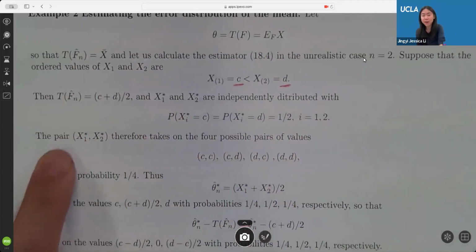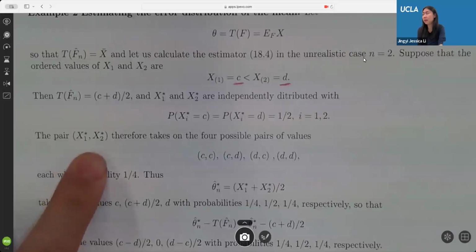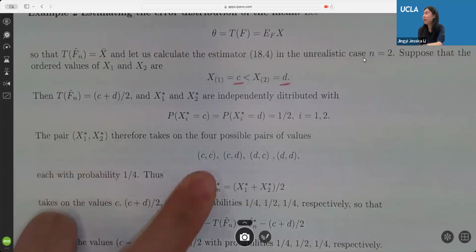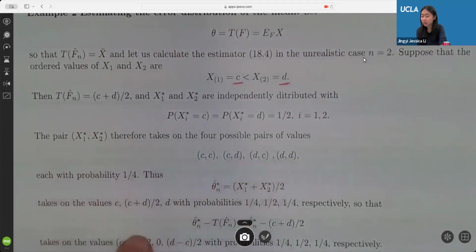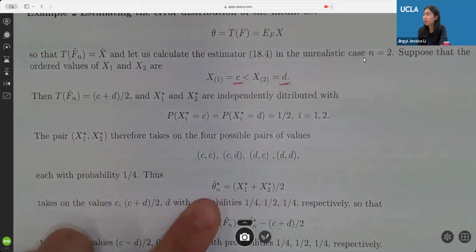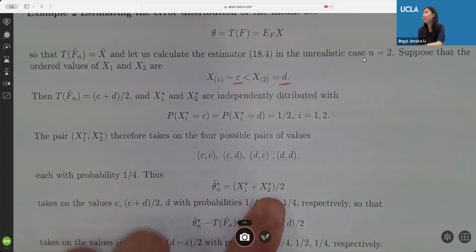Then how many possible values can this hypothetical sample take? Four pairs: CC, CD, DC, DD, each with probability 1/4. If we calculate the hypothetical sample's corresponding statistic, it should be their average.